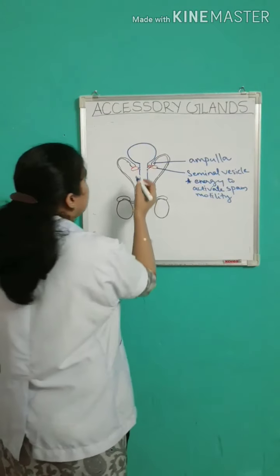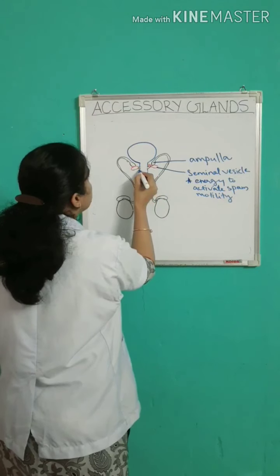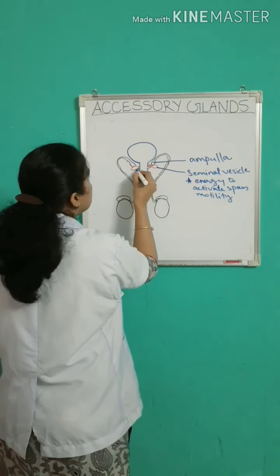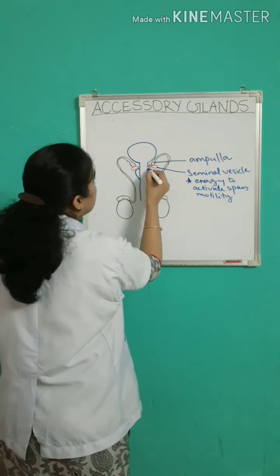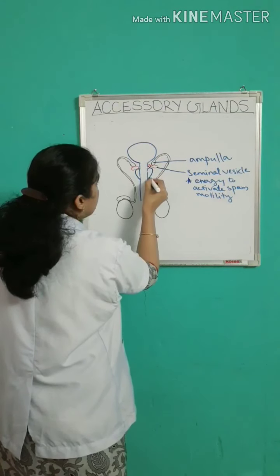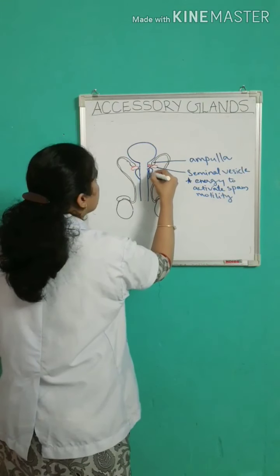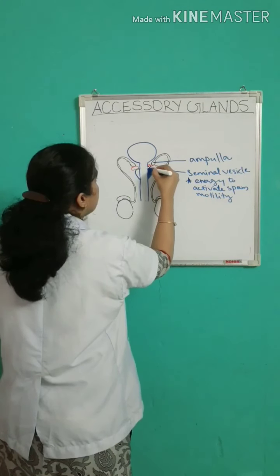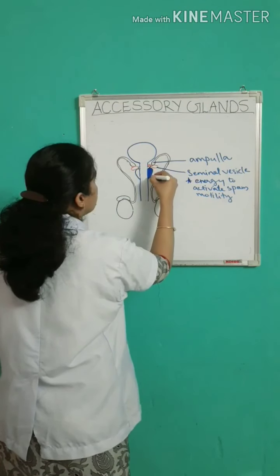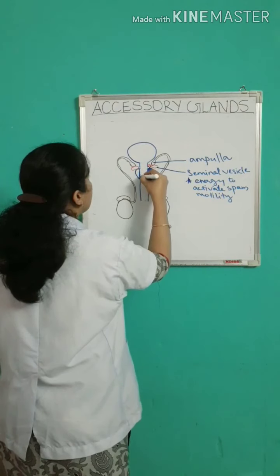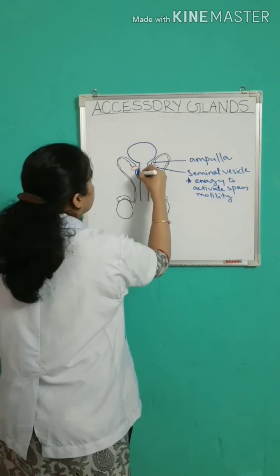Now we can see here, just below the seminal vesicle, there is another gland. This is not paired, this is a single gland. Only a part of the gland we can see, and it is situated behind the urethra.